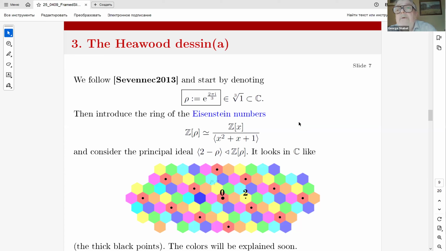And now it is very well known that it is the ring of principal ideals, and what we are doing is considering just one of them. Here we are introducing this ring in the general algebraic way.